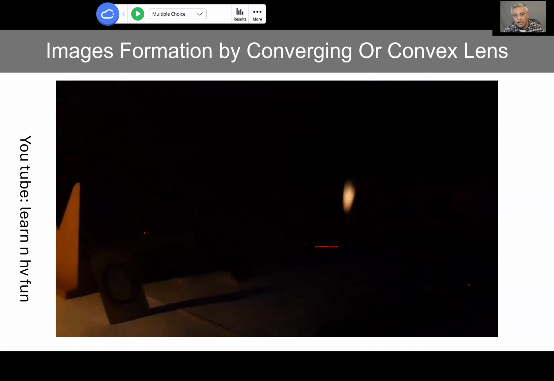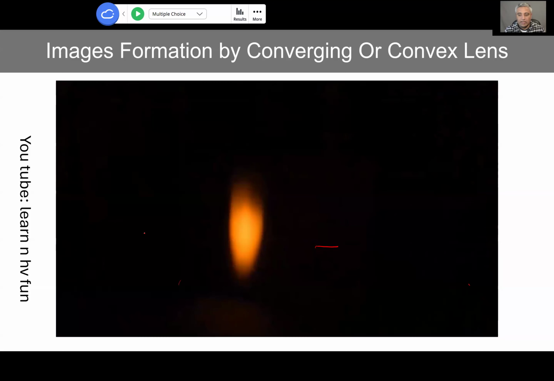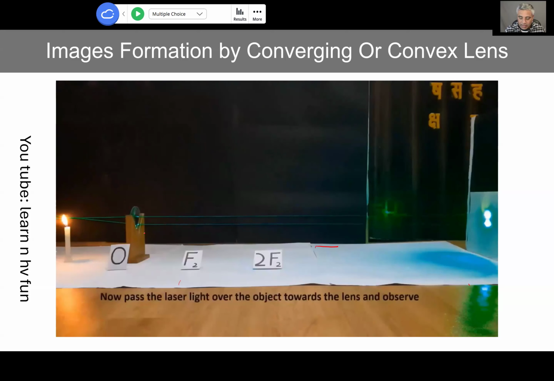So when object was at infinity, image was at focus. Now when object is at focus, the image becomes at infinity. When it is close to focus, I should say.